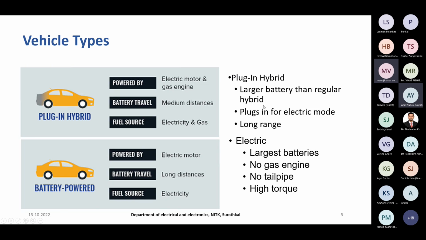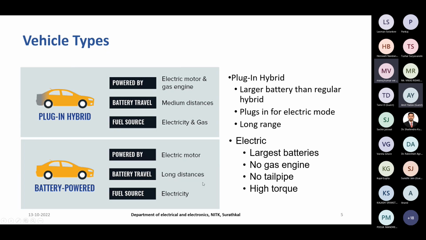In a plug-in hybrid, we can operate the car in both ways, either battery operated or with the IC engine also. But here, if you completely depend on the battery, large batteries are used. There are no gas engines, no tailpipe, and huge torque is required for starting these motors.